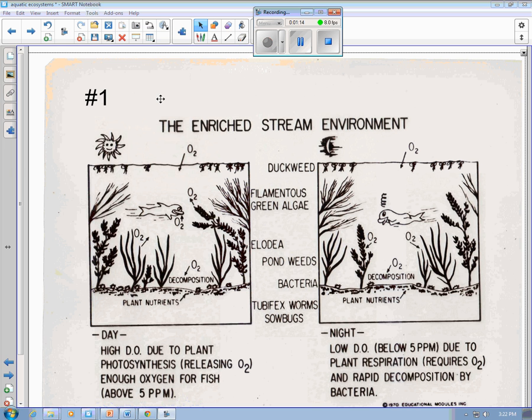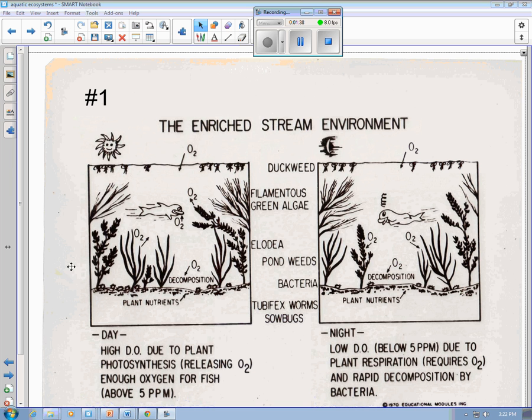So in the next little bit, you're going to see 4 different slides that are trying to get at an understanding of water quality and just the different factors that go with that. So in front of you here, you see slide number 1. And probably the biggest conclusion that can be made here is that dissolved oxygen levels can change even in a 24-hour period.